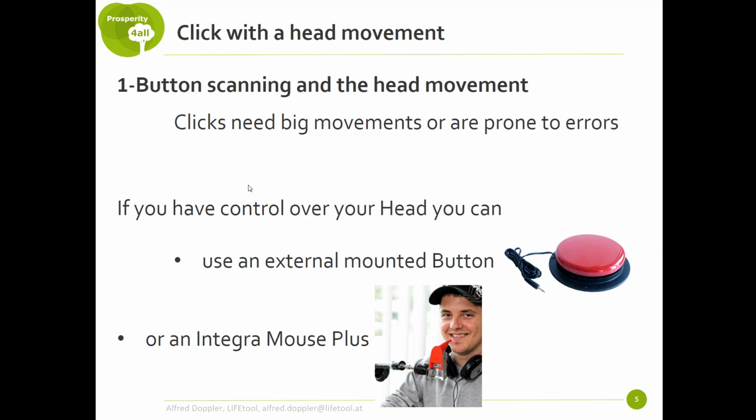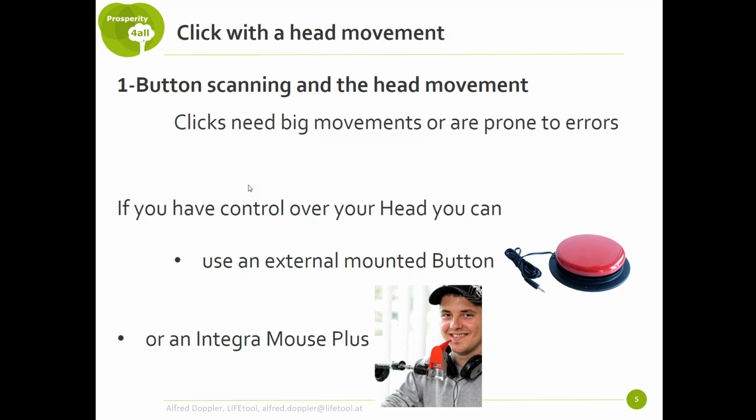The other thing is, if you don't make it sensitive, you need big movements to really make the click at the time when you want it. So these are the big extreme sides, and when you go into the middle, on the one side you will make clicks when you don't want them, and on the other side it's like you don't get the click even though you moved your head.